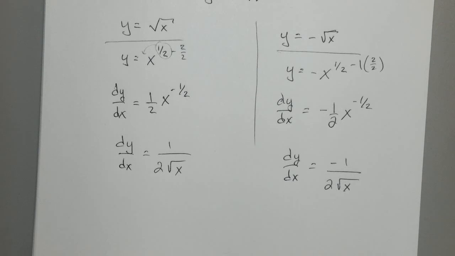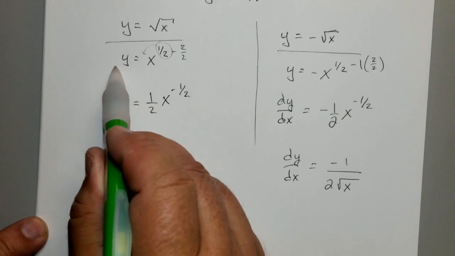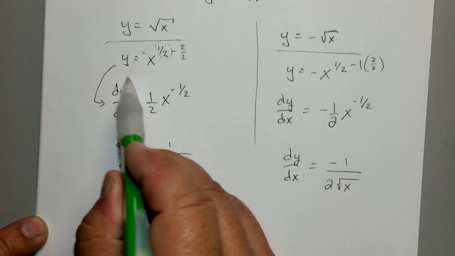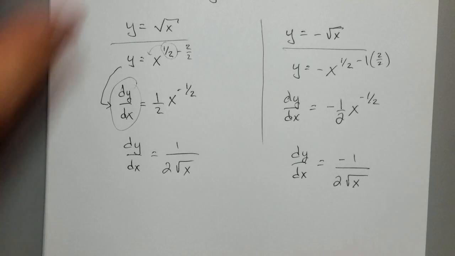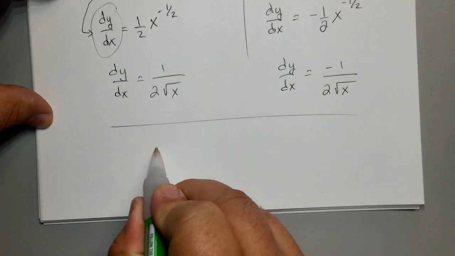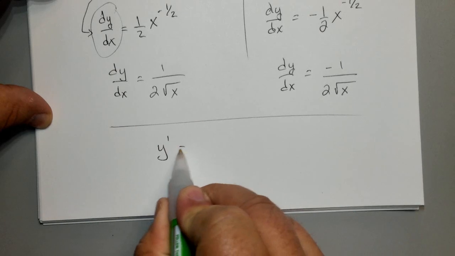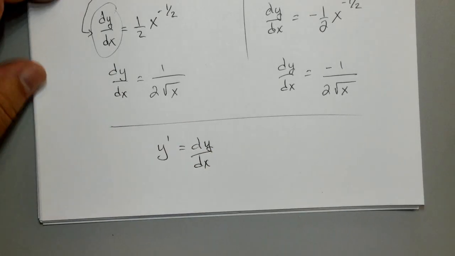Now, this is also giving us a hint on how we're going to do implicit differentiation. When we took a derivative of y, what happened? It became dy dx. So we have to remember this. Y prime is the same thing as dy dx.